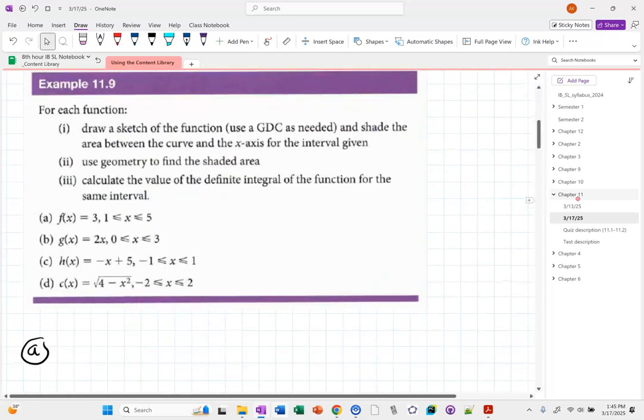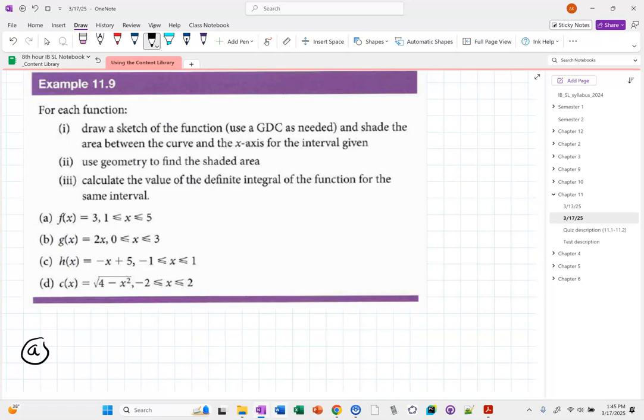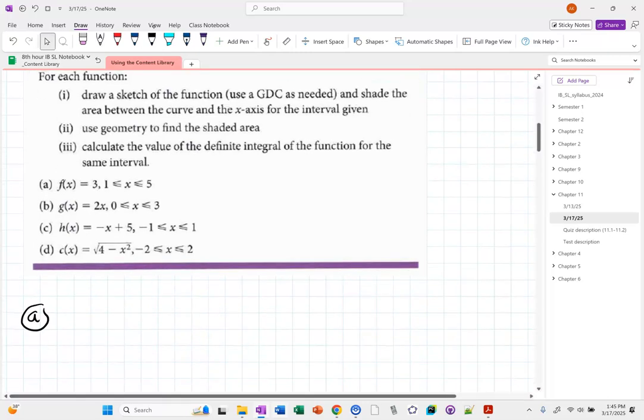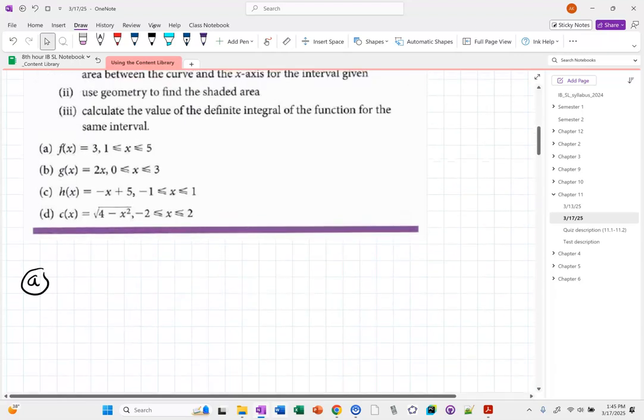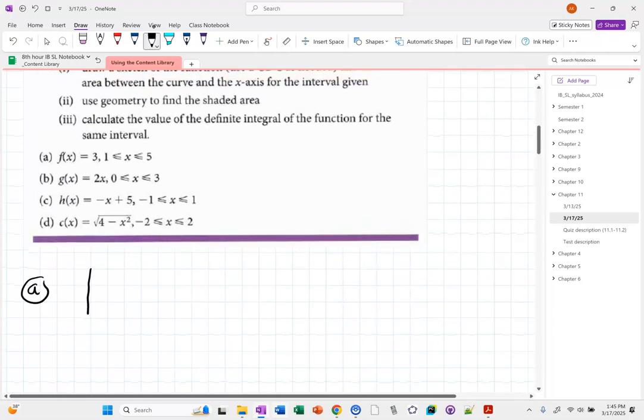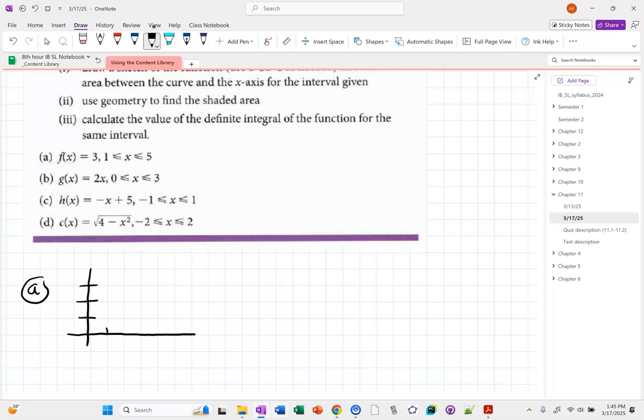So let's do a couple of example problems using this same idea. It's asking us to start by drawing a sketch of the function, then use geometry to find the area, and then use the definite integral to find the same area. So graph f of x equals 3 from 1 to 5.